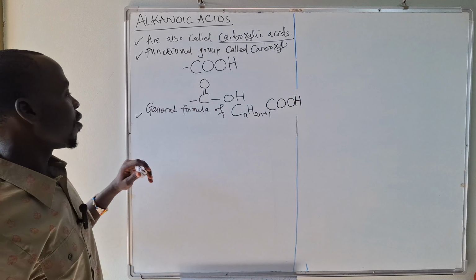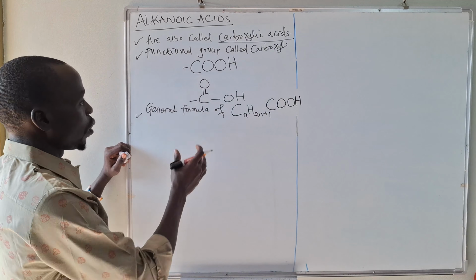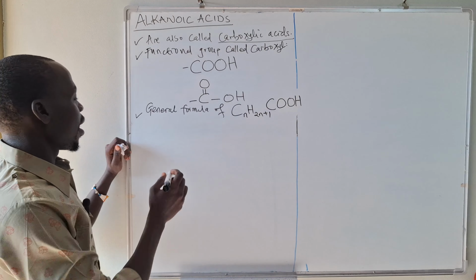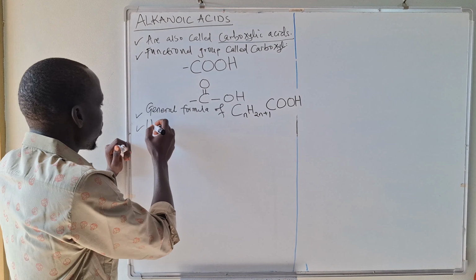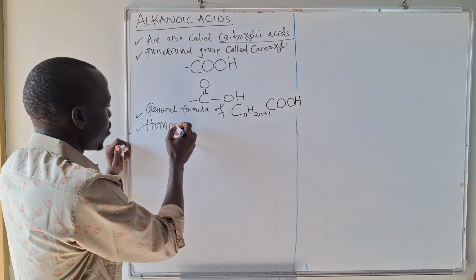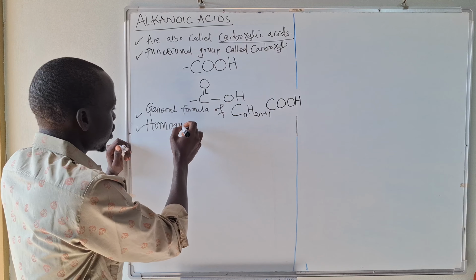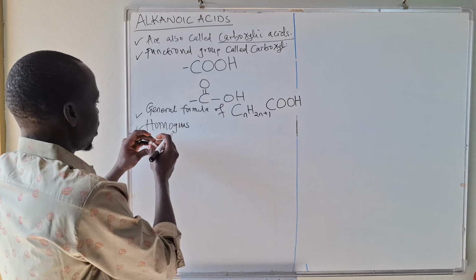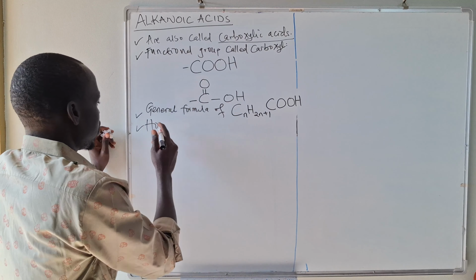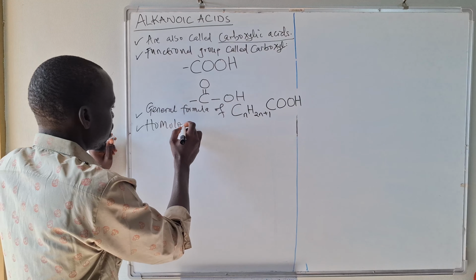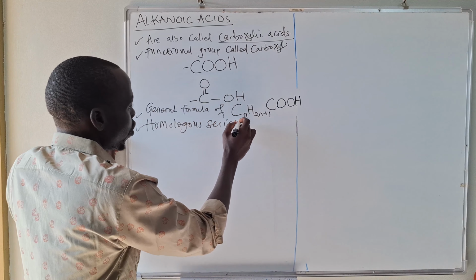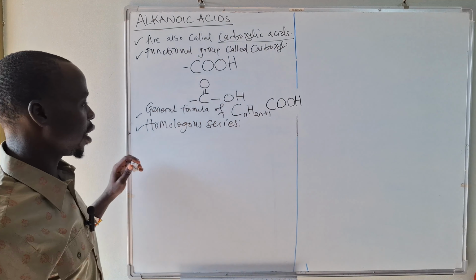If this is the general formula, that means alkanoic acids form what we call a homologous series. So what do we need to know about this homologous series?